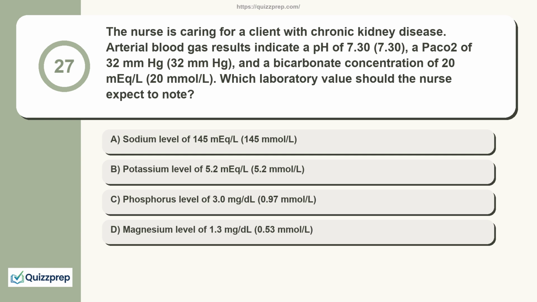Sodium level of 145 mEq/L (145 mmol/L). Potassium level of 5.2 mEq/L (5.2 mmol/L). Phosphorus level of 3.0 mg/dL (0.97 mmol/L). Magnesium level of 1.3 mg/dL (0.53 mmol/L).